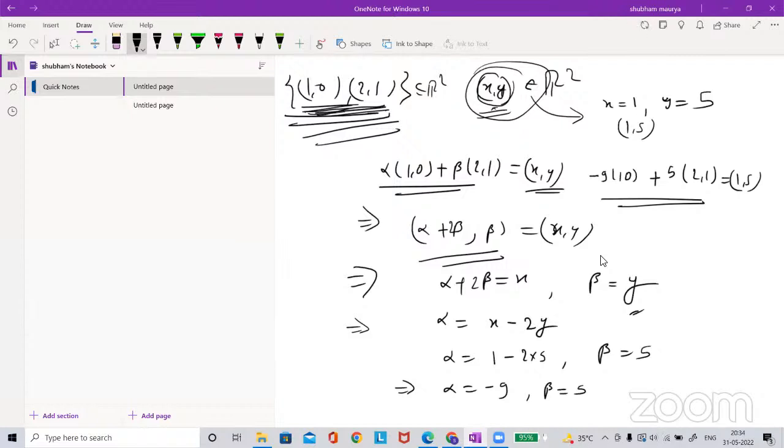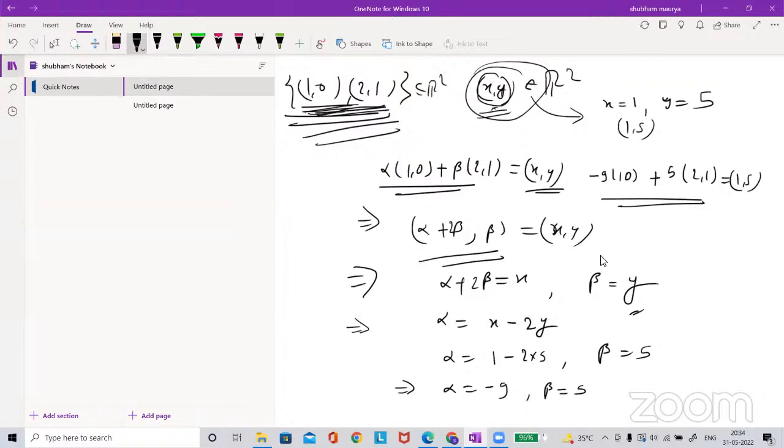When we take two vectors from R2, will that always give a linear combination? Not necessary.